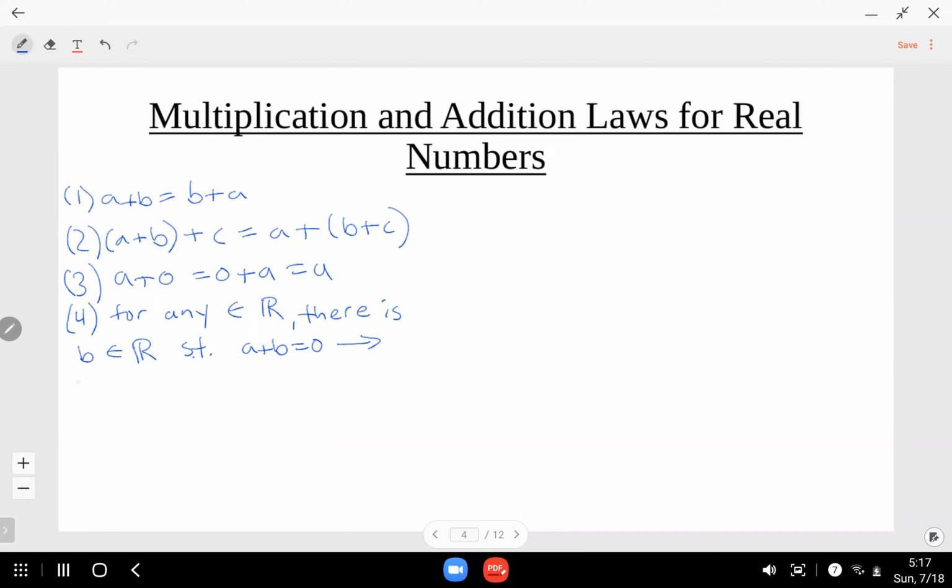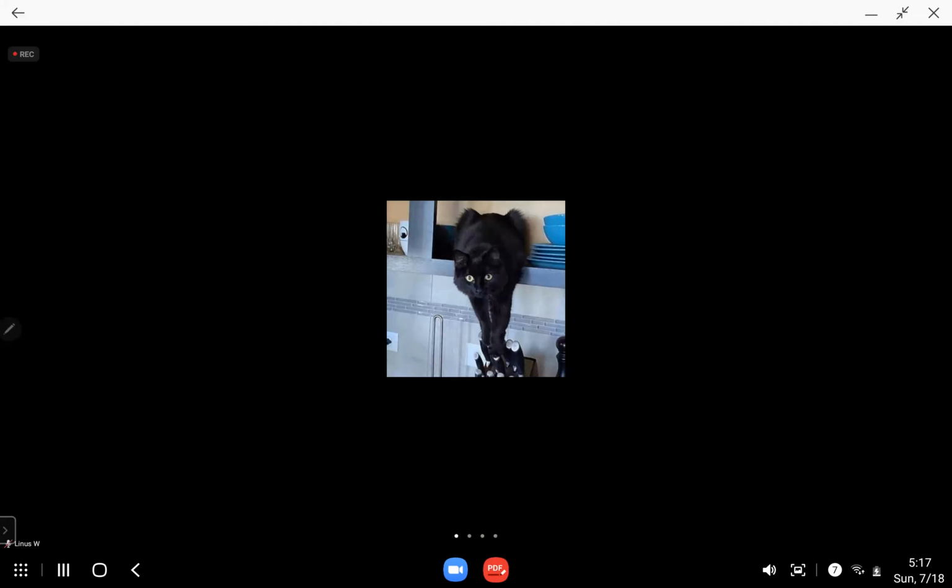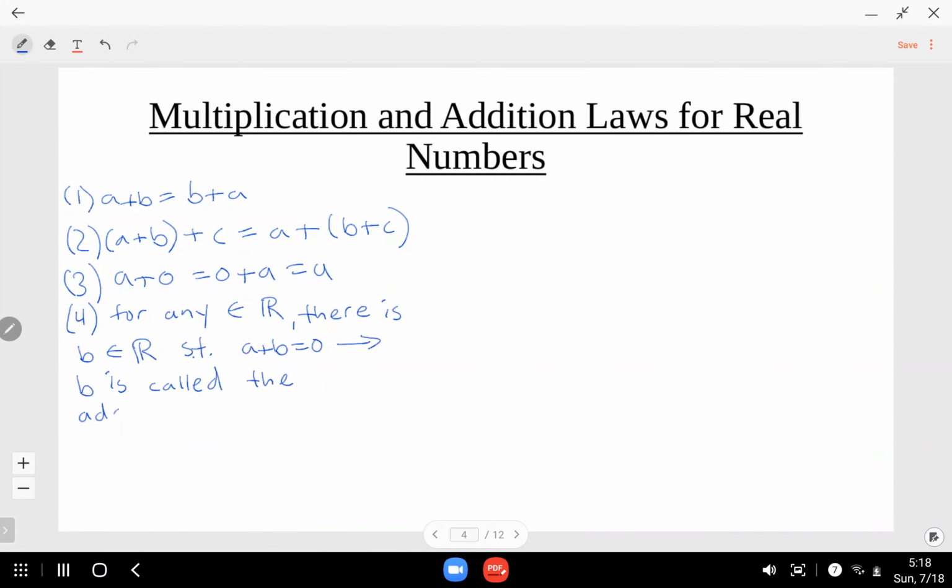And that b is called the additive inverse. All right, so these are the 4 laws about addition, the 4 laws for real numbers. And then we also have multiplication laws, but I'm not going to touch up on that yet.